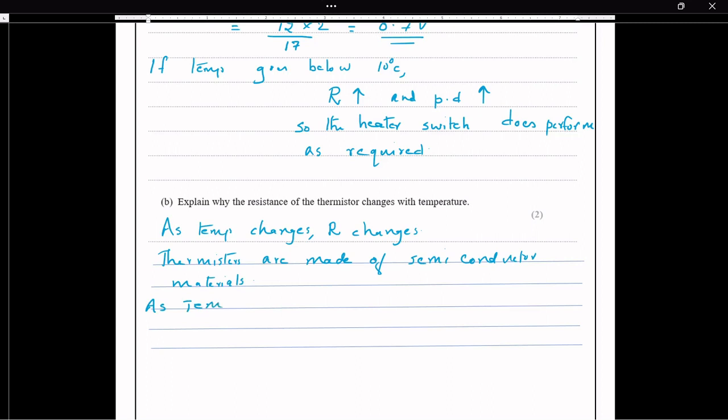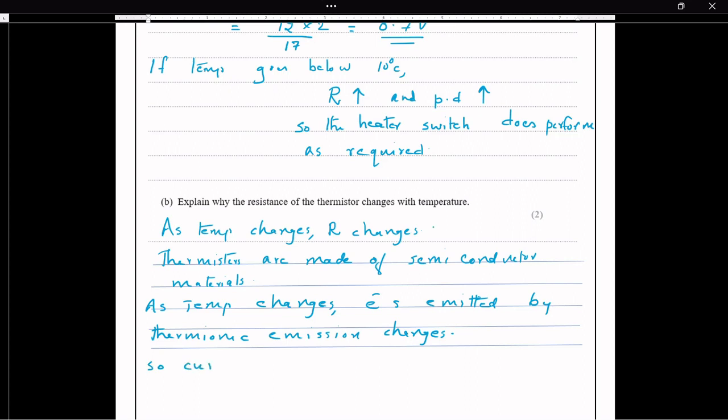As temperature changes, electrons emitted by thermionic emission change.